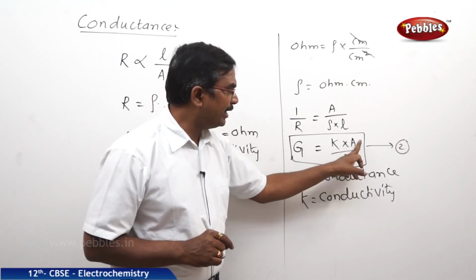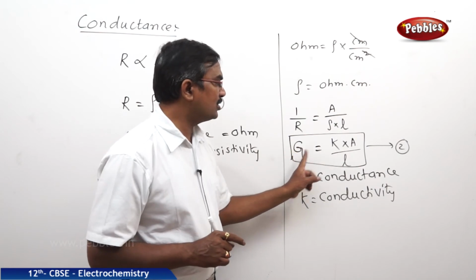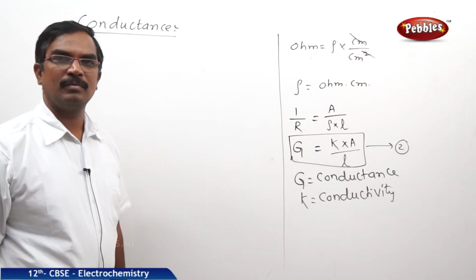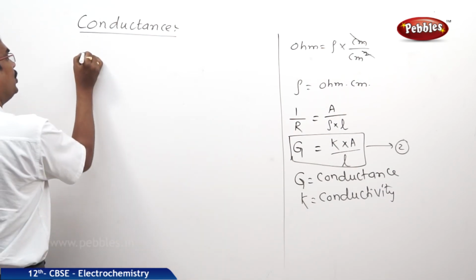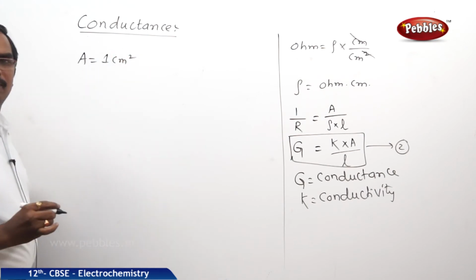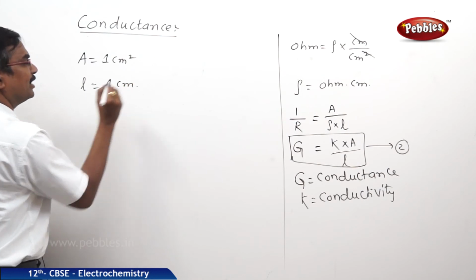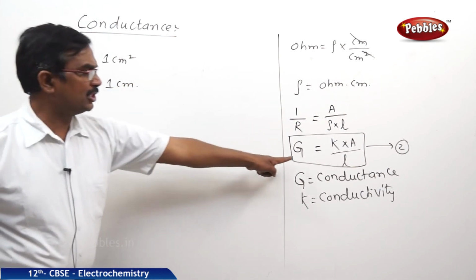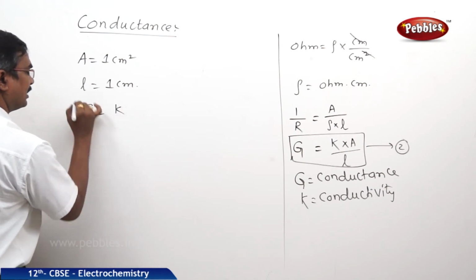If you substitute A as 1 and L as 1, we get G equal to K. In expression 2, if I take the value of A as 1 centimeter square and the value of L as 1 centimeter, this expression 2 we can write as G equal to K.